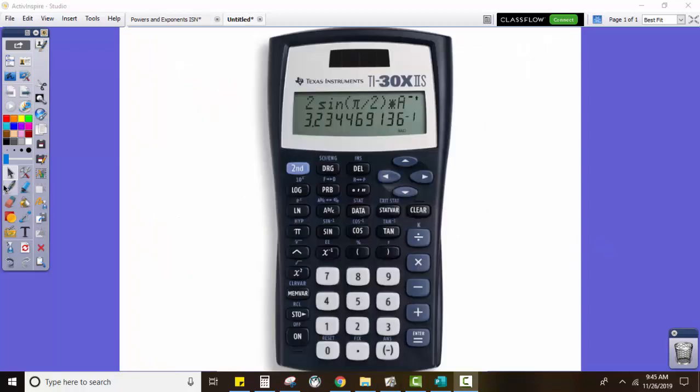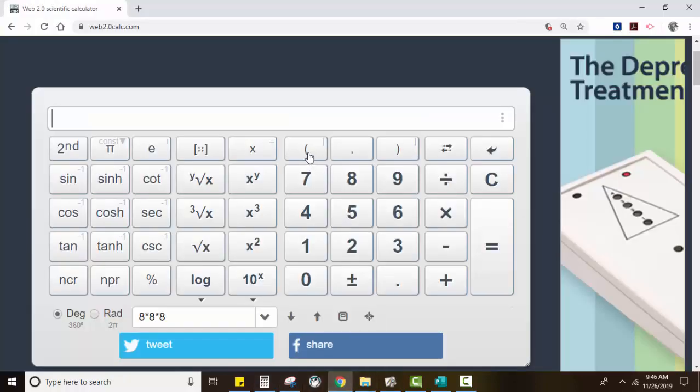Okay, so on my calculators from the classroom, you're going to want to notice that the parenthesis buttons are right here, and then you've got the negative button here, and then 2. So when you type in -2, you'll do parentheses first, negative, and then type 2, and then close the parentheses. On this calculator, it's going to look a little bit different.